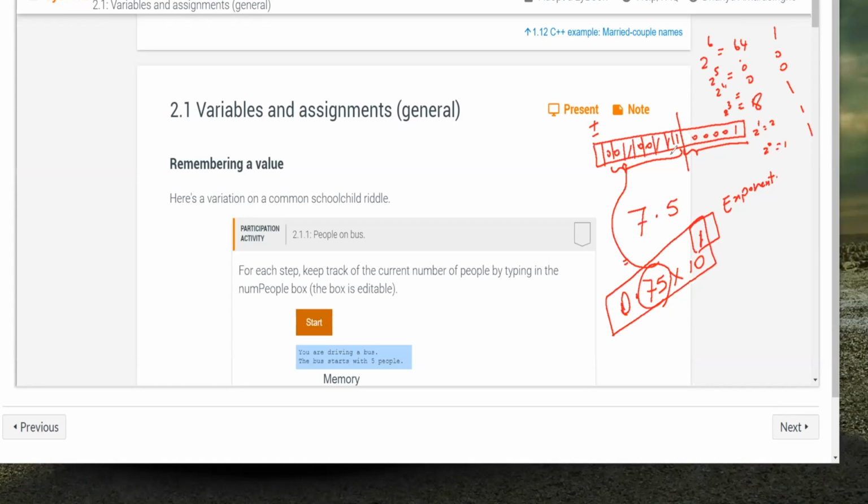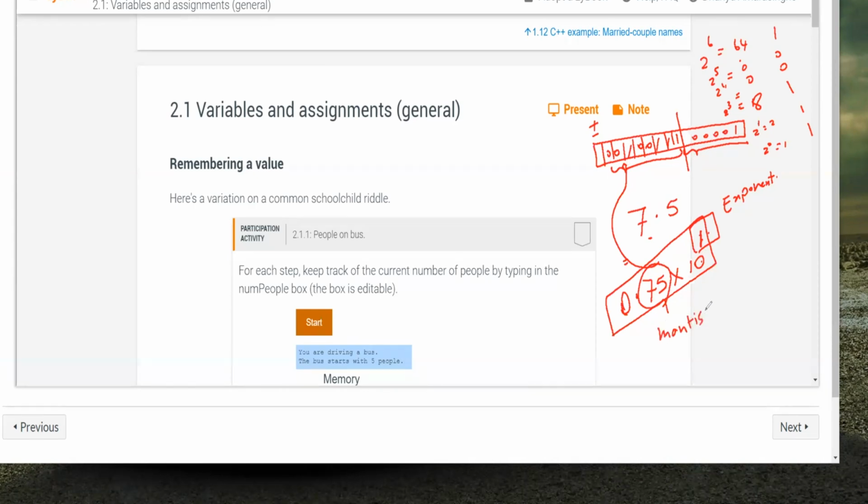This is 75, and this part I'm going to store like this. And then the exponent 1, I'm going to put here. In that case, you can take care of number representation on the register like that. And this one is called the mantissa.